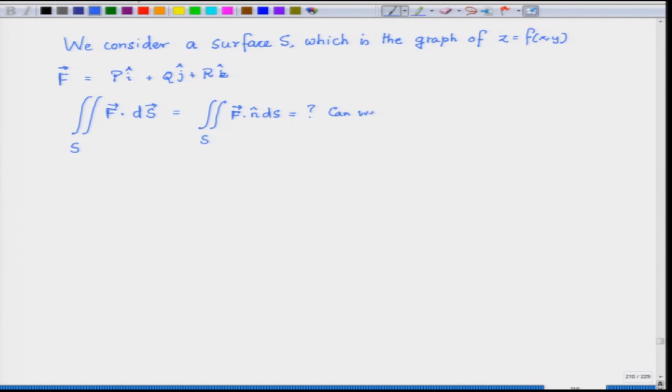can we write this surface integral in terms of P, Q, R and partial derivatives of f?